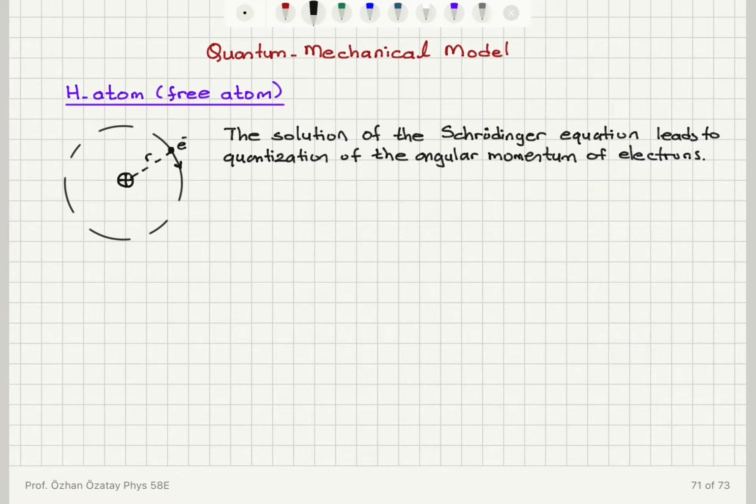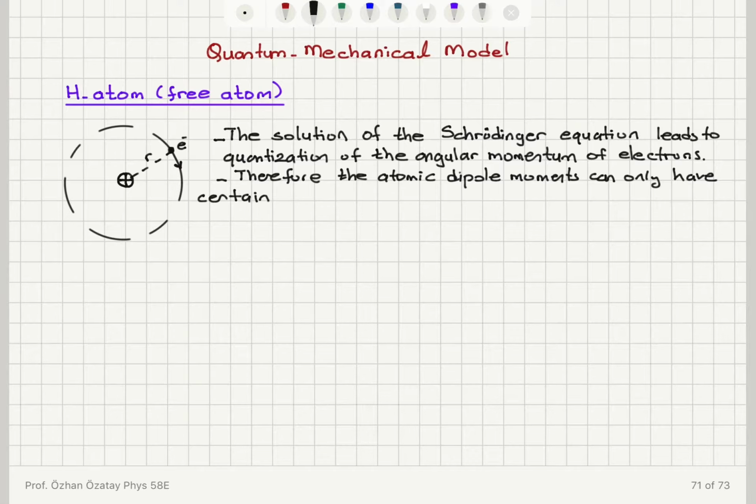And therefore, if you accept this result, what we will find is that the atomic dipole moments can only have certain orientations with respect to an external field.